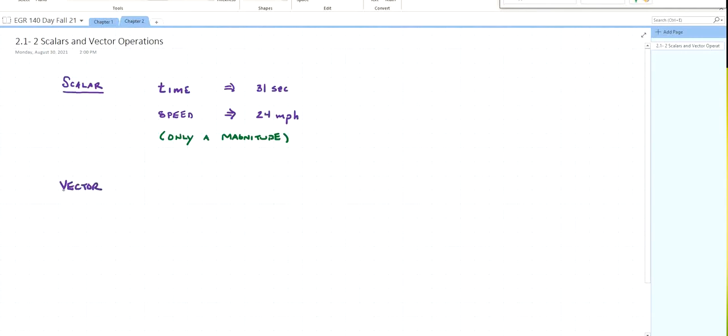a vector has a magnitude and a direction.